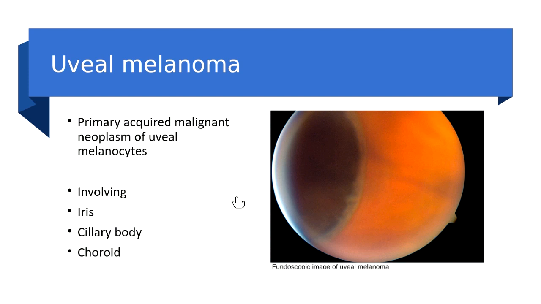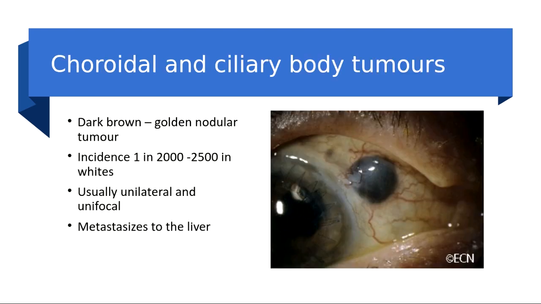So if you dilate the pupil and you see this large mass, it may be a uveal melanoma. Because it's such an extensive area, you can often see it sometimes protruding through the sclera.